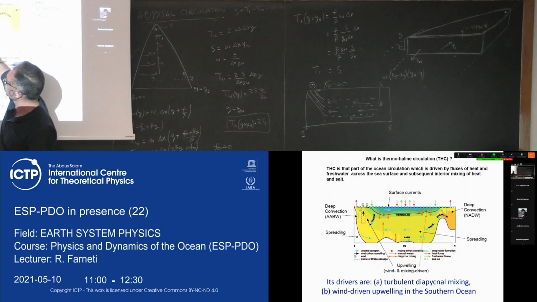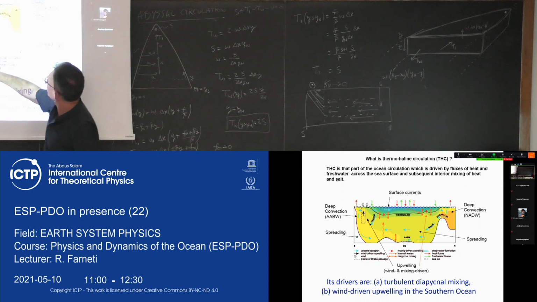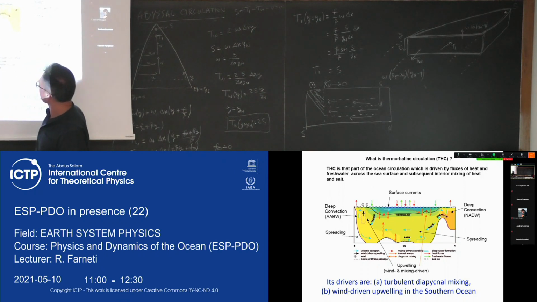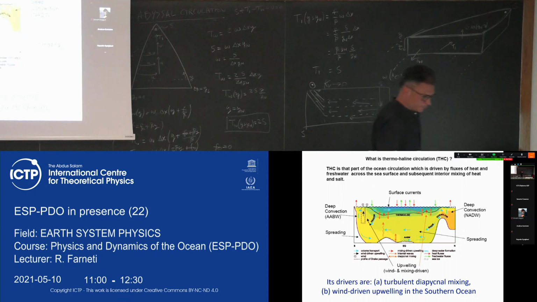Most of this flows along the isopycnals and then is upwelled in the region of the southern hemisphere where you have strong Ekman upwelling. So mixing driven upwelling is these red arrows. There is some, but not enough. And well, the rest is what we know.